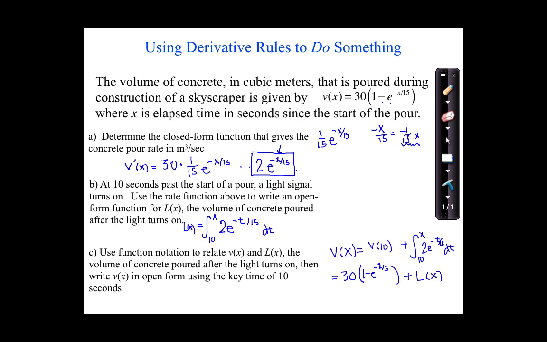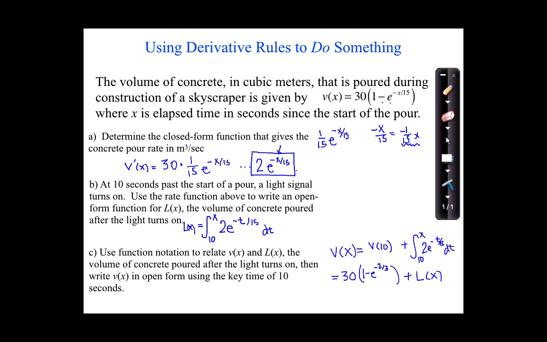And if you think about its values as x gets larger, they're approaching 30, essentially, because this part's getting larger, meaning this is getting closer and closer to 30. 30 times 1 minus something that's getting closer to 0, but it's positive. So in any case, the difference between V of x and L of x is the volume that was poured in the first 10 seconds, which is V of 10, otherwise known as 30 times that expression with 10 subbed in, which just happens to reduce.